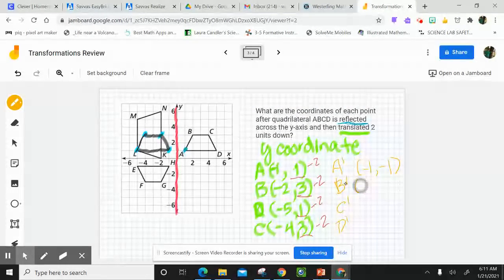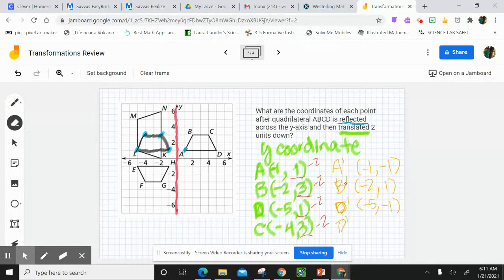B will be at -2, and 3 minus 2 is 1. D will be at -5, 1 minus 2 is -1. And C prime will be at -4, and 3 minus 2 is 1.